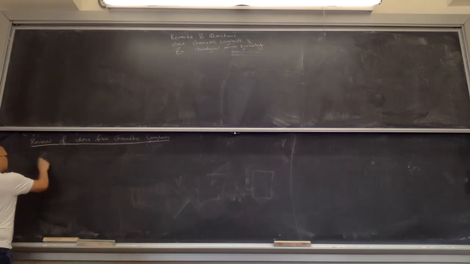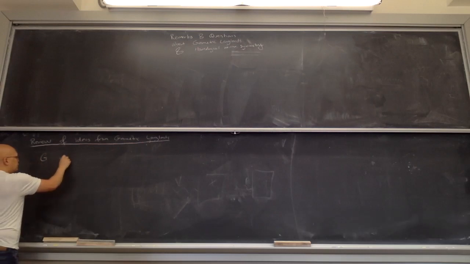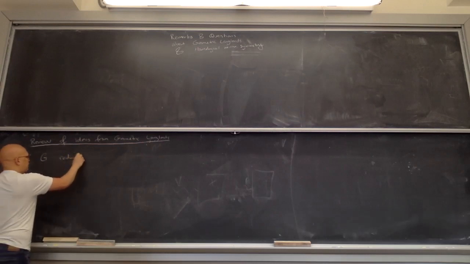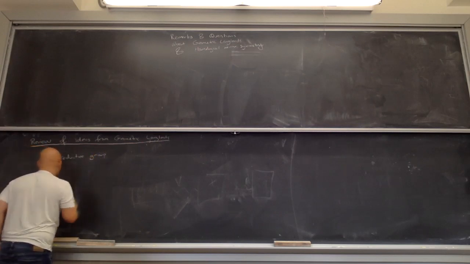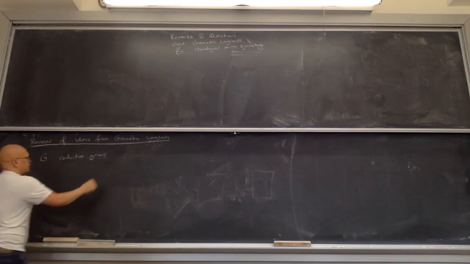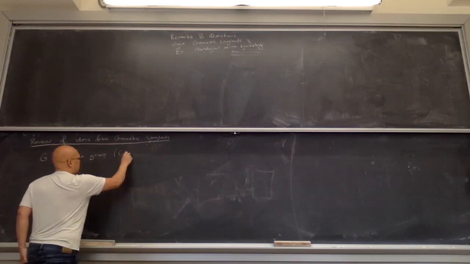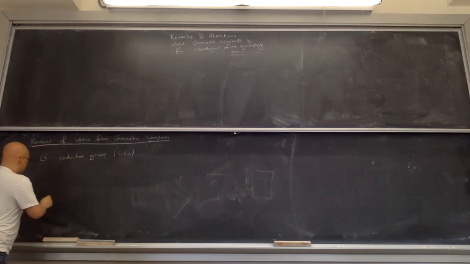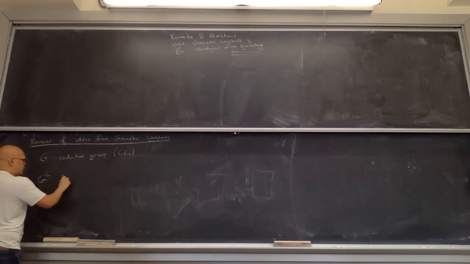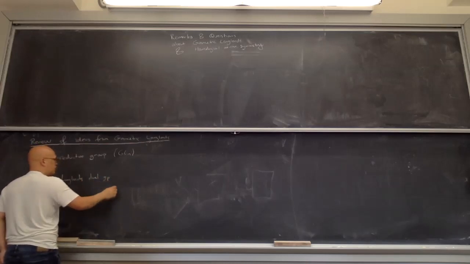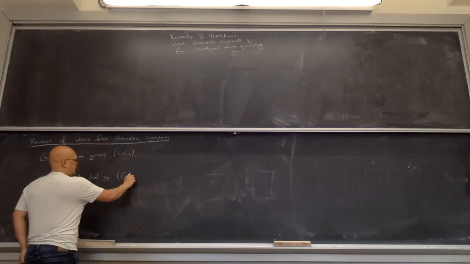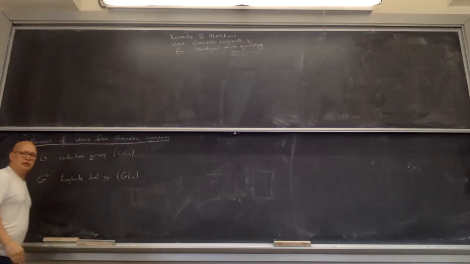You begin with some G, a reductive group. And if you don't want to know what a reductive group is, you can just take GLN. And then you have to take G, kind of Langlands dual group, also a reductive group. And if you began with GLN, it will still be GLN.